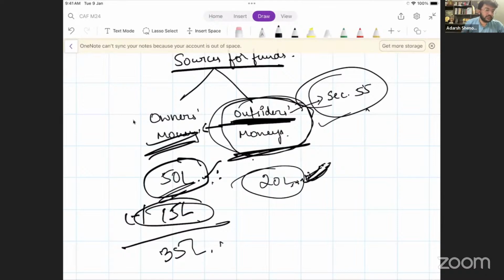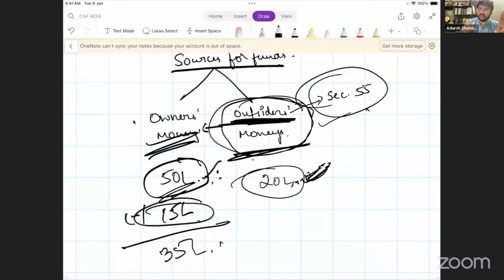I hope you understood the reason why these guys need protection. Why do we need Section 55? The reason is the owner's money is being repaid before the outsider's money. So redemption of preference shares means you're repaying the preferential capital. Owner's money is being repaid. So this is not as per the general sequence.